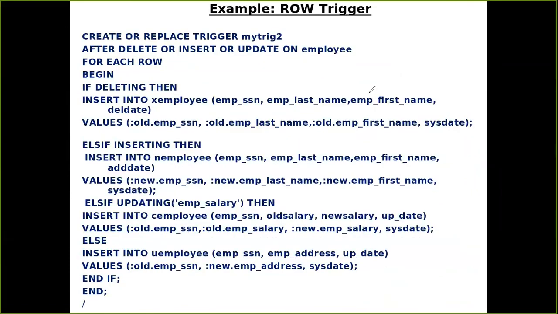So this is again a similar row trigger. In this case, I am maintaining different tables: X employee, N employee, C employee, and U employee. I am associating delete, insert, or update with an after trigger, so whenever some delete operation happens, this trigger will execute.